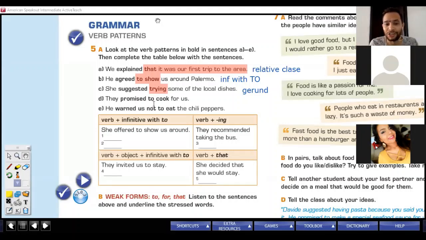This is not the idea that she's trying them right now. No, not this, right? What it means, if you translate it into Spanish, which is our language here, it says, ella nos sugirió, o nos recomendó, que probáramos. Now take a look what it says here, que probáramos. That's what the ing form translates into Spanish right here. Some of the local dishes, right?